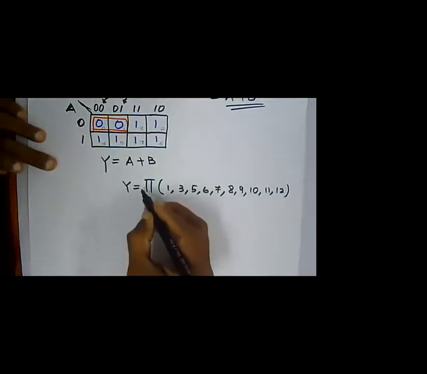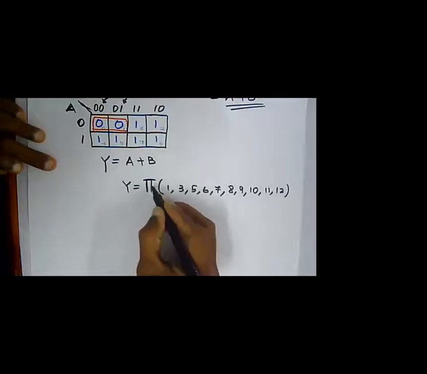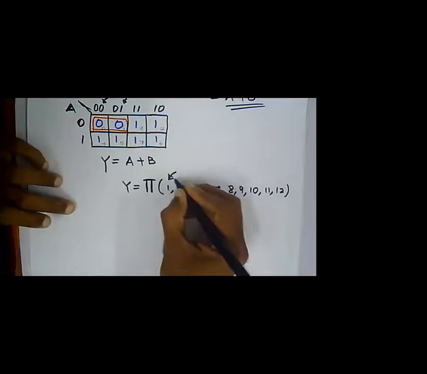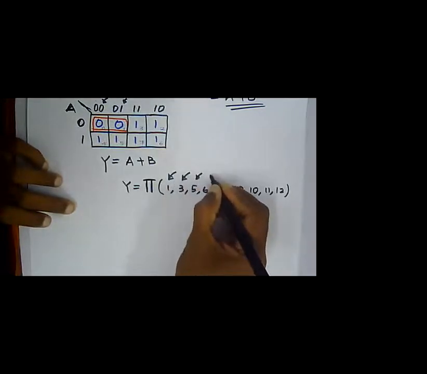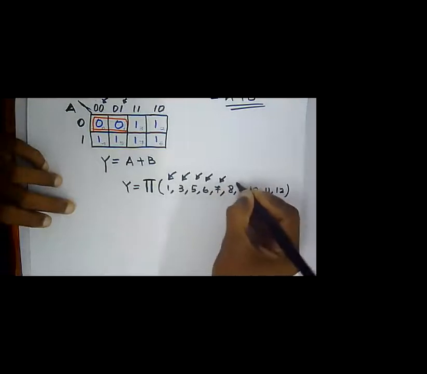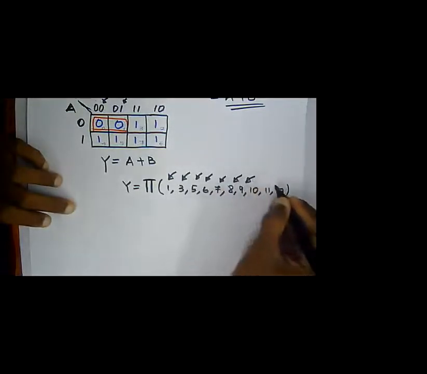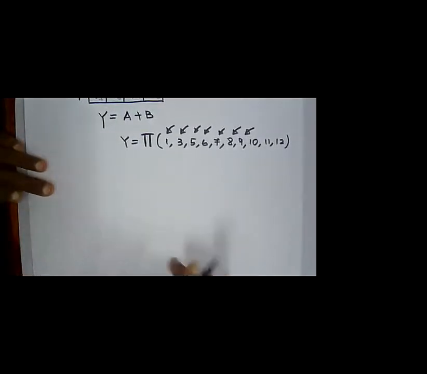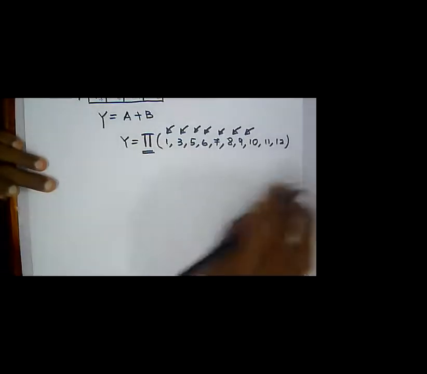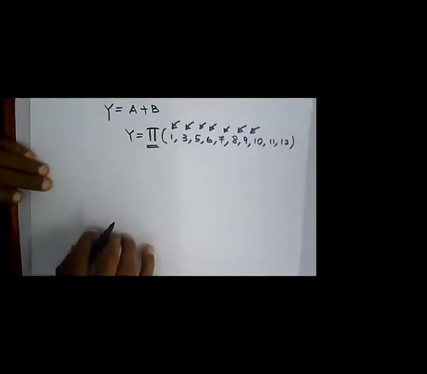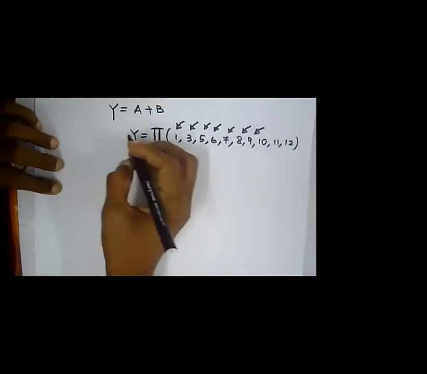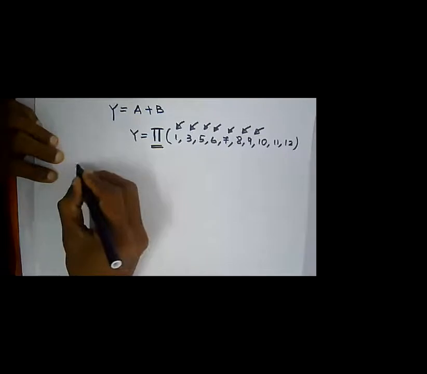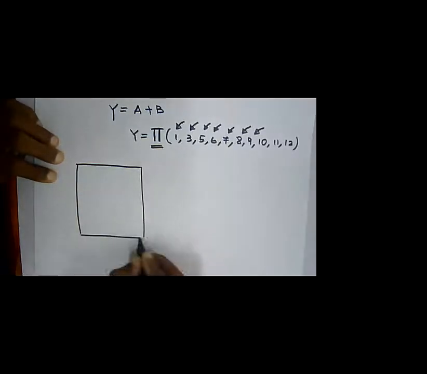If the equation is given like this, then all these values represent zeros in your K-map. Remember, in the other form, the values given are represented by ones in your K-map, but when you use phi, all these values will be represented by 0 in your K-map. So let this be y of a, b, c, d. Since you have 4 variables, we need a K-map with 16 boxes.